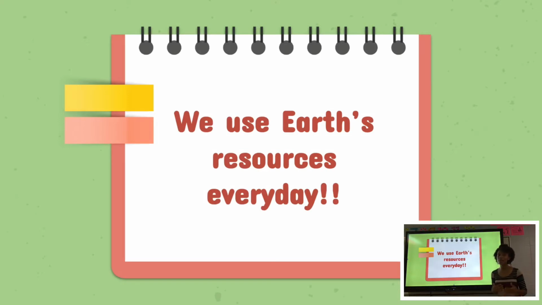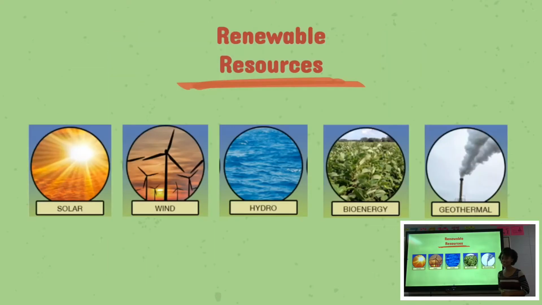Energy sources that we use on a daily basis can be classified into two types. The first type is renewable resources, which means that the resources can be easily replaced during a lifetime. The second type is non-renewable resources.